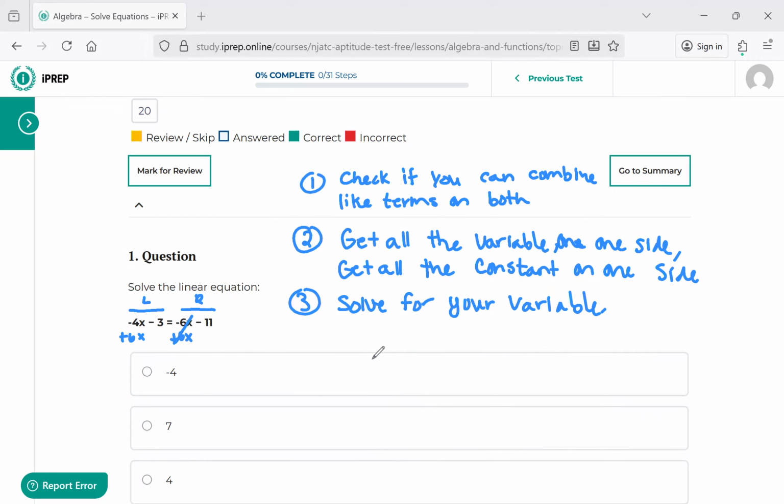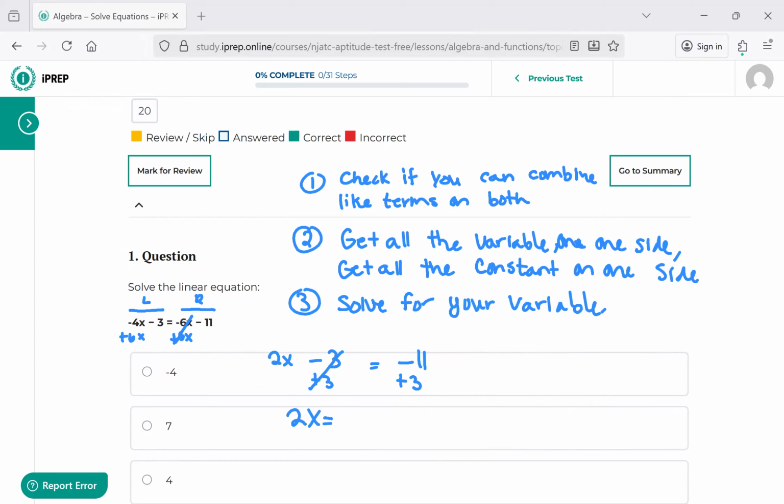So this cancels, and you're left with negative 11 on the right. And then on the left, what's negative 4x plus 6x? 2x. And then I'm going to solve for x. So I'm going to add 3 to both sides. And then what's negative 11 plus 3? 4, 5, 6, 7, 8, 9, 10, 11.